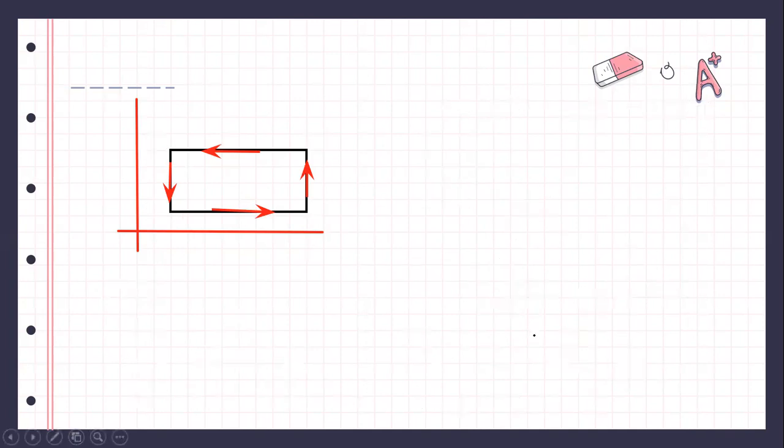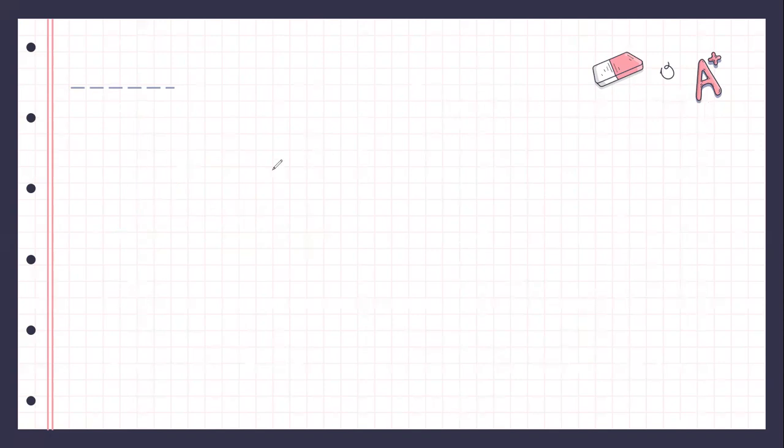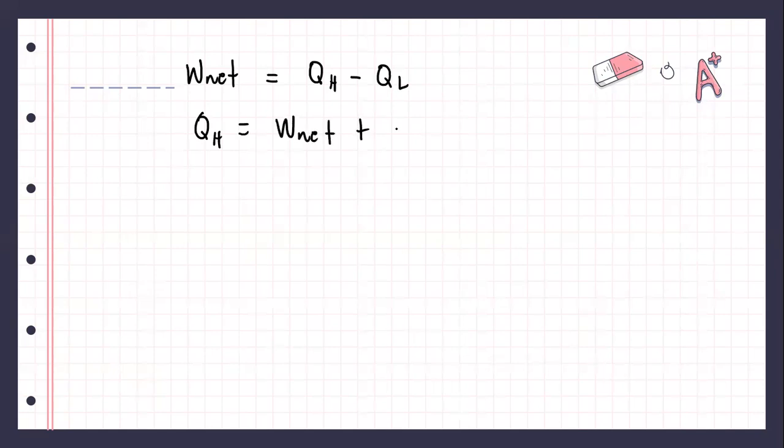Next, we have the value of the net work equal to the heat at higher temperature minus the heat at the lower temperature. The heat at the higher temperature is equal to W net plus the heat at the lower temperature.